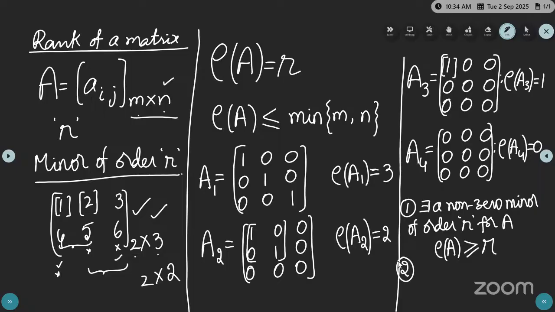By row operations or column operations, determinant remains same. But here, by row transformations or column transformations, rank remains same. Not the determinant, rank remains same. Okay, write down row, comma, column transformations.